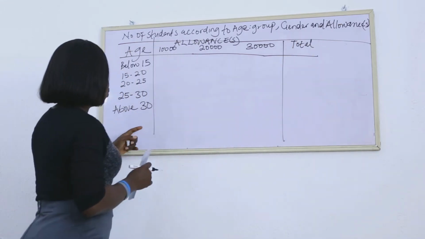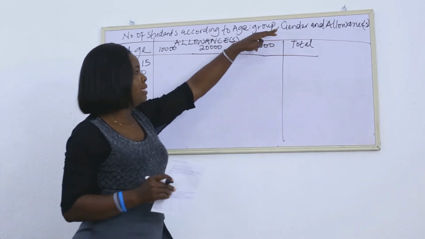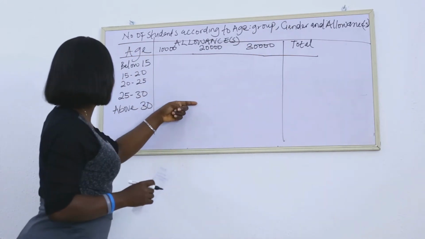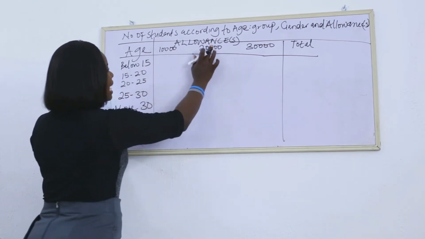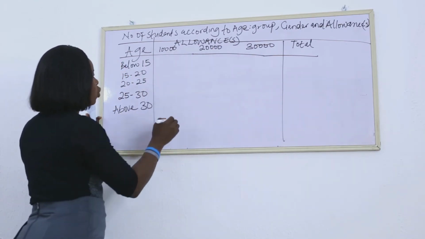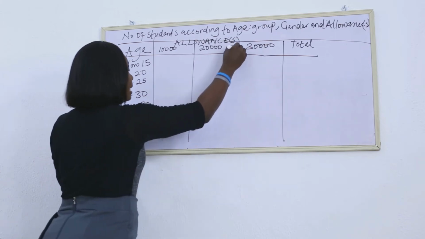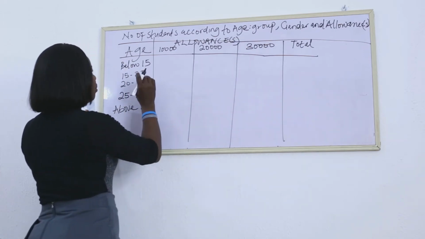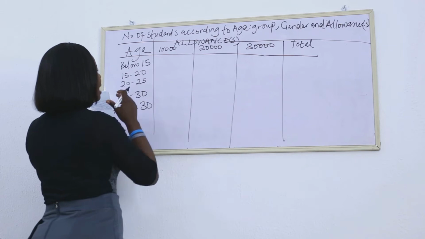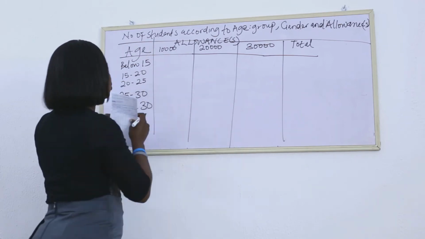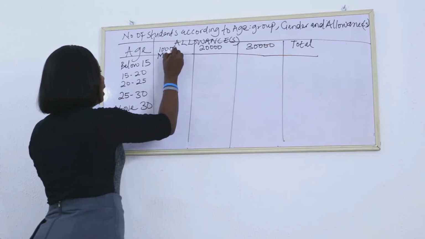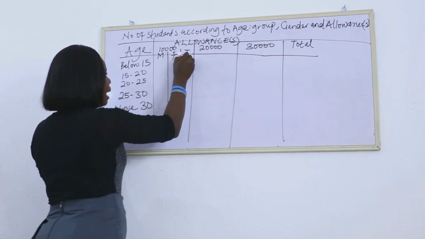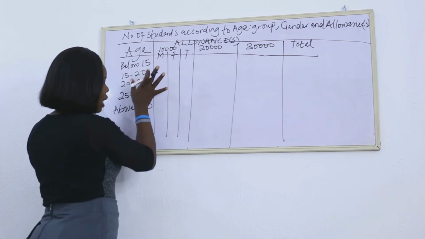Don't forget that we are trying to represent age group, gender and allowance on this same table. I've represented the age group, I've represented the allowances. Then the next thing is the gender. I'm going to represent the gender on this same table. So for every student that gets 10,000, we have the male, we have the female, and we have the total for that particular allowance.